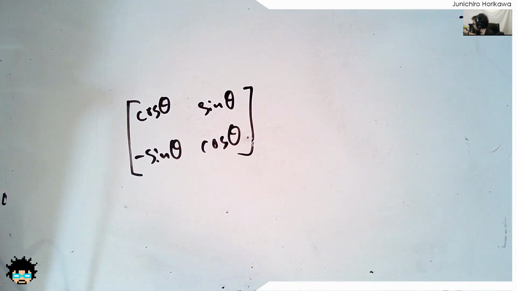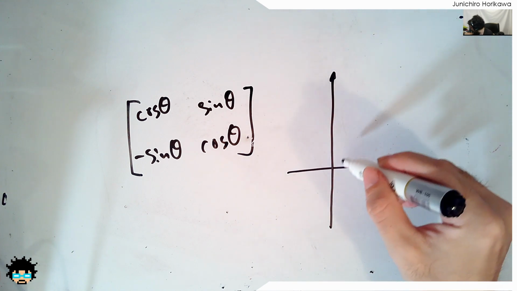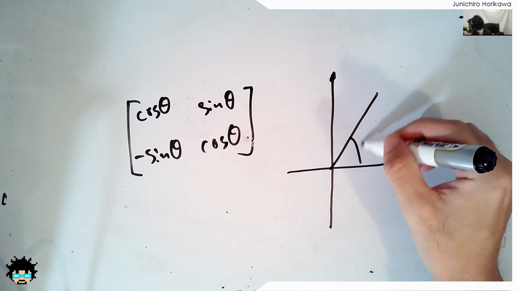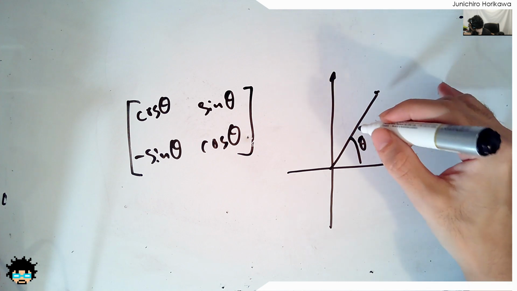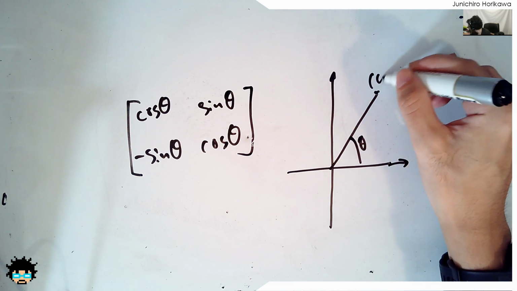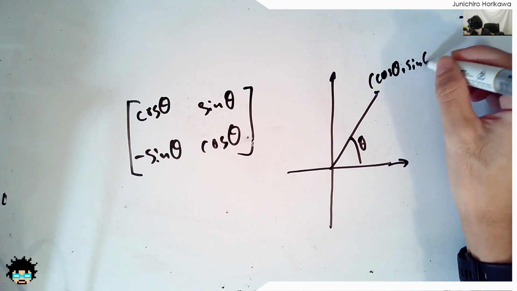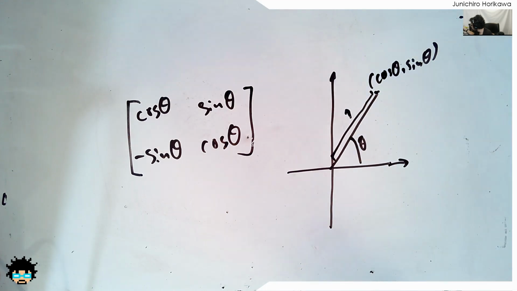Now if you draw this on a graph, it looks like this. Let's say this is theta, and the coordinate right here is cosine theta and sine theta, and let's say the size of this one is equal to 1.